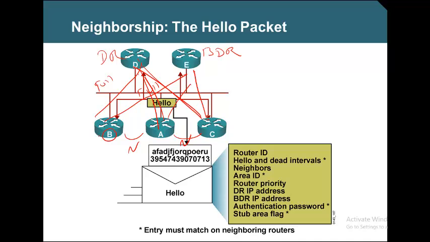If no DR, BDR, then all will give to all. There are chances of the same update given by many, which will cause loop. Did you understand why we need DR, BDR in OSPF? Please ask question. Right? So this DR, BDR is important.